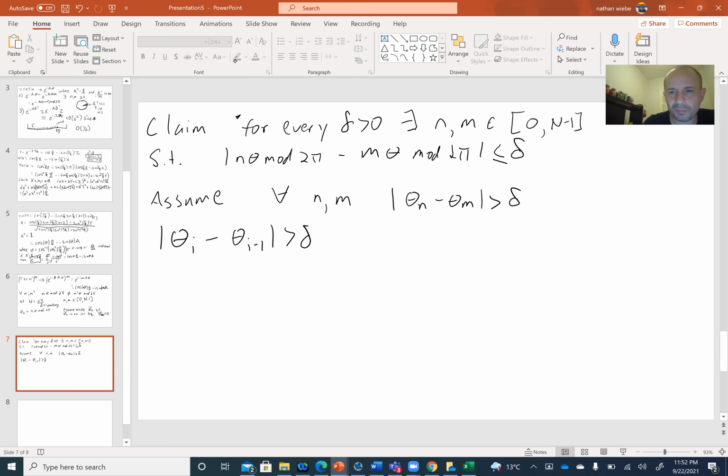So what this ends up meaning is that let's take a look at the largest value of theta mod 2 pi that we have. This will be theta n minus 1.